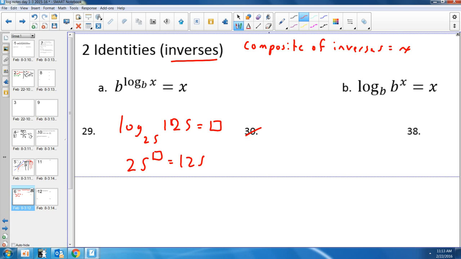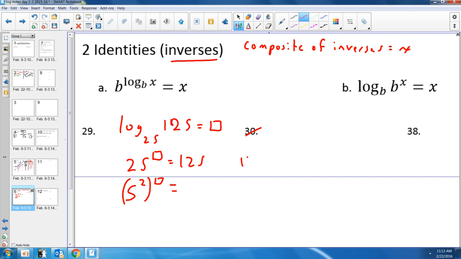So it's somewhere between 1 and 2. But the way, again, to solve this is to raise both of these sides with a base of 5. 25 is the same exact thing as 5 squared. And then that's equal to 25 to the power of what we're trying to find.